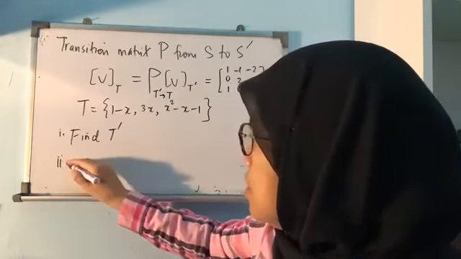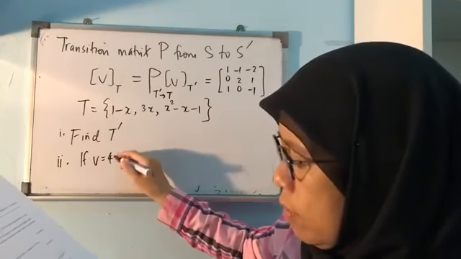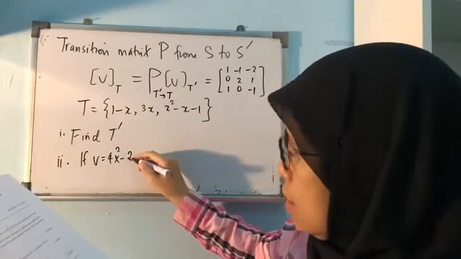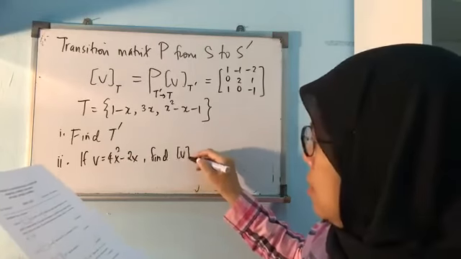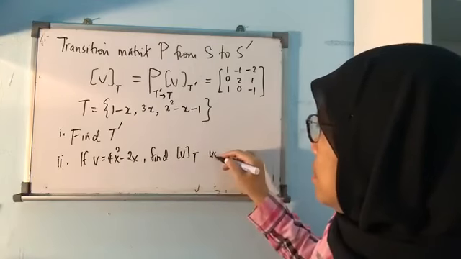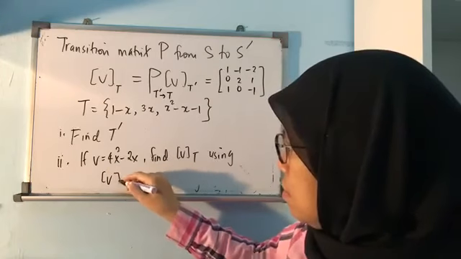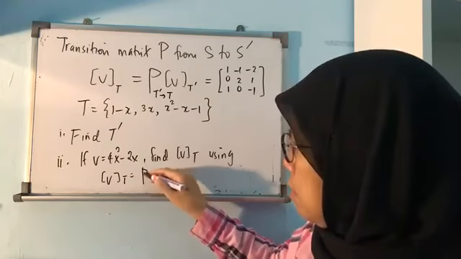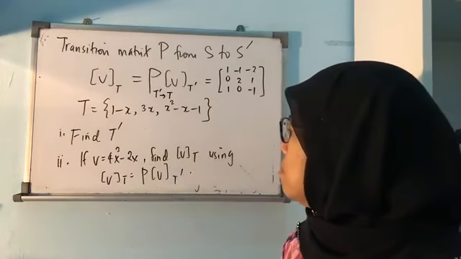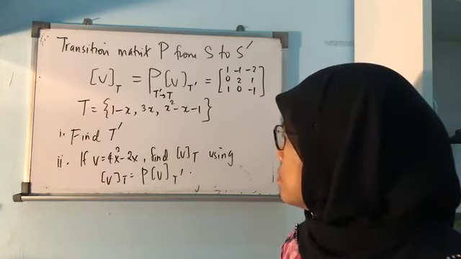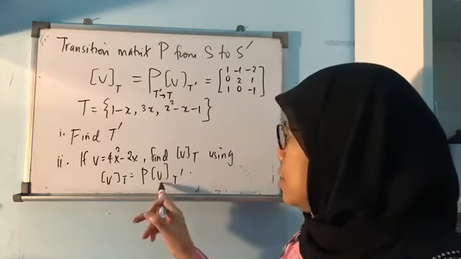Second one is if v for x squared minus 2x, find V T using V T equal P V T. This one is quite straightforward.